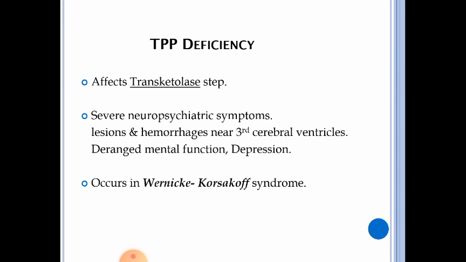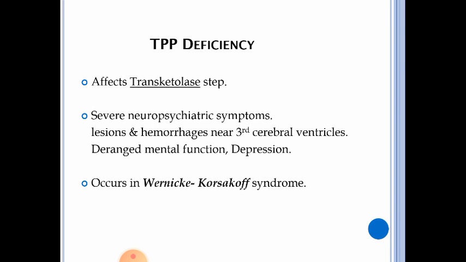Next one, that is TPP deficiency. It is a transketolase deficiency. It is affecting the transketolase step, which you see in the non-oxidative phase. Transketolase enzyme is deficient. Severe neuropsychiatric symptoms will be seen, lesions and hemorrhages near the third cerebral ventricles will be there. Deranged mental functions and depression will be seen in such patients.